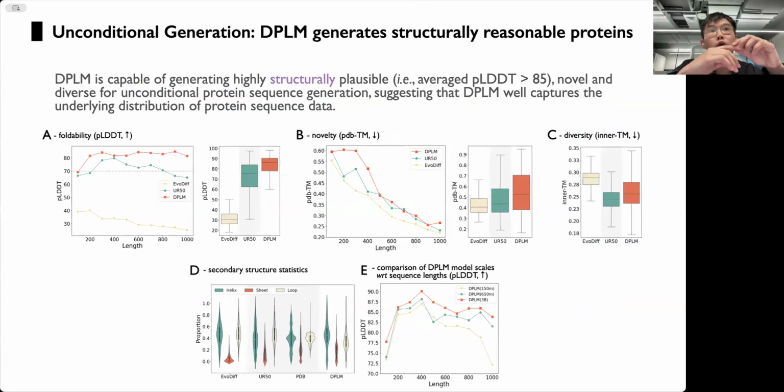And to be more specific, we measure the structural plausibility using ESMFold pLDDT, and we also measure the structural novelty and diversity using the TM score to the most similar protein in the PDB dataset, and calculate diversity using the pairwise TM score inside the generated candidates.